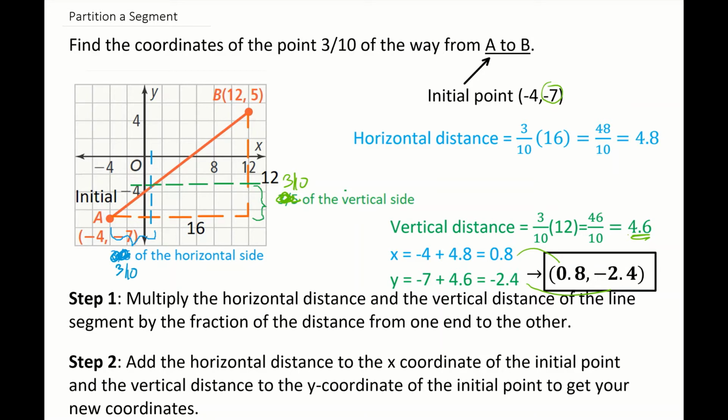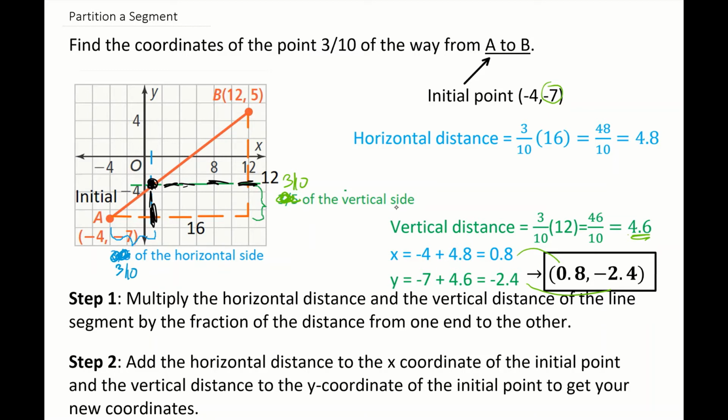Okay, and those coordinates right there represent the intersection of the 3/10 from the vertical part and the 3/10 from the horizontal part. And notice if you put those together, then you actually get the total 3/10 coordinate for the original line segment, if you can kind of tell.